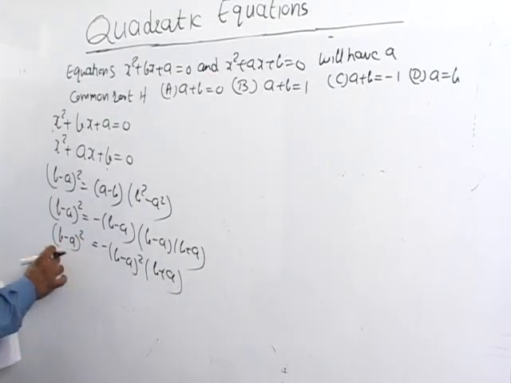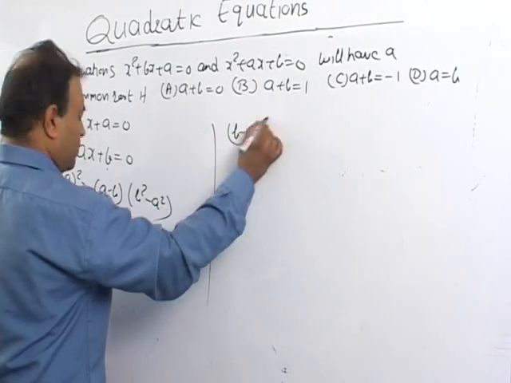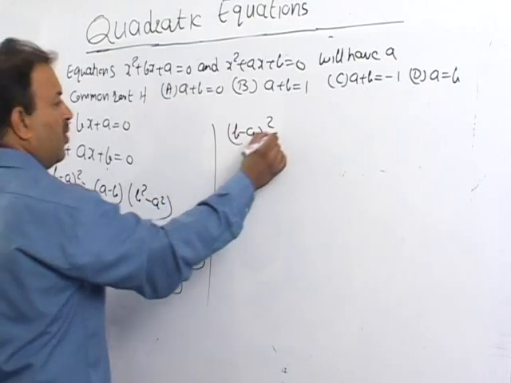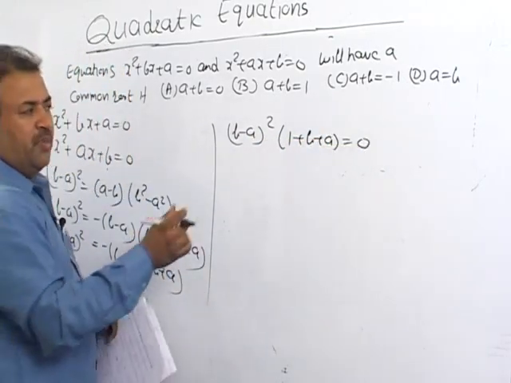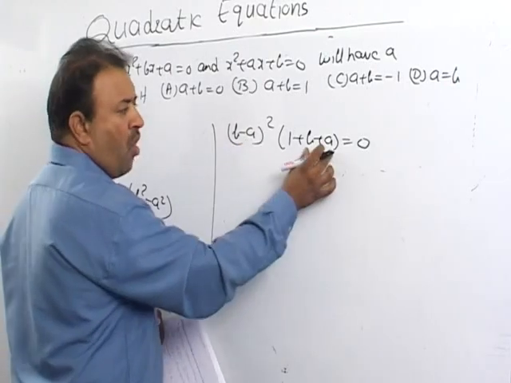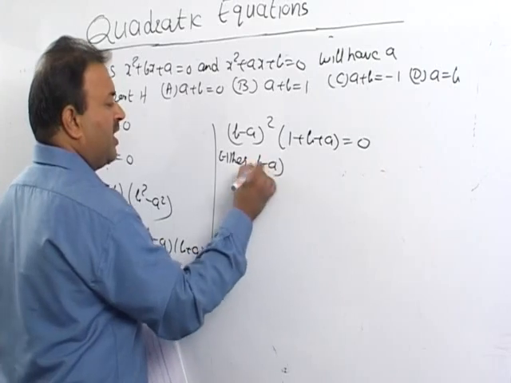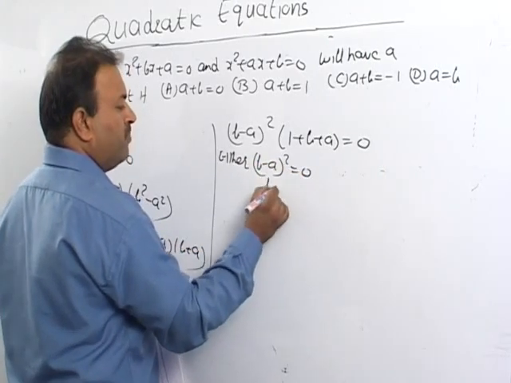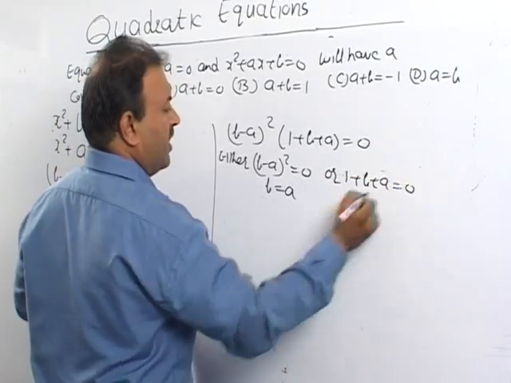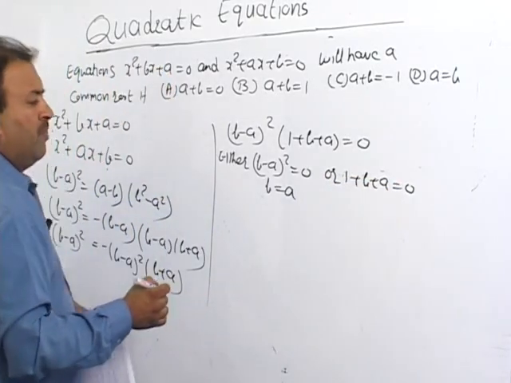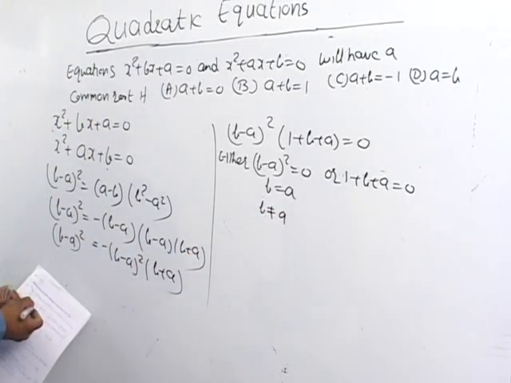Bringing this term on the left hand side, we got it b minus a the whole square into 1 plus b plus a is equal to 0, which means either this term is 0 or this is 0. Either b minus a the whole square is equal to 0, b is equal to a, or 1 plus b plus a is equal to 0. So b can't be equal to a, as this whole equation will be finished.